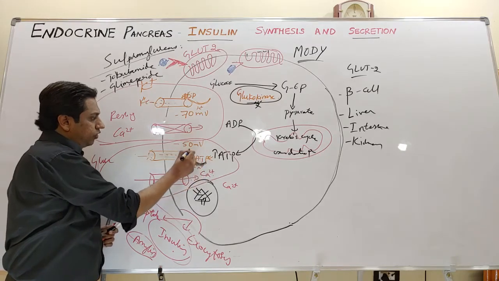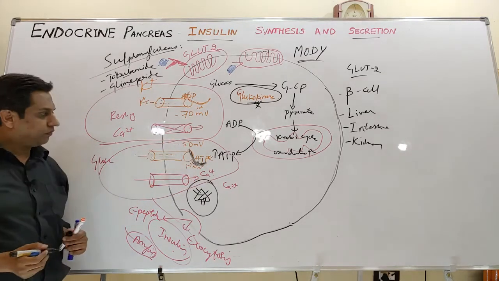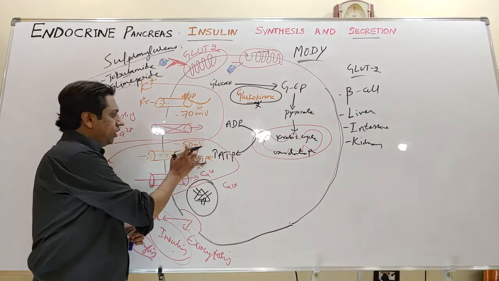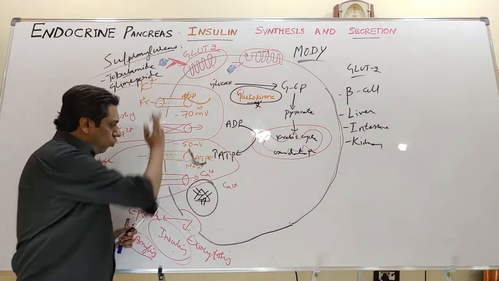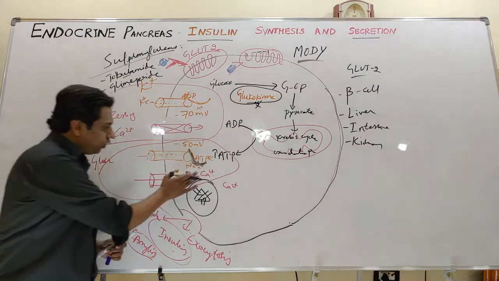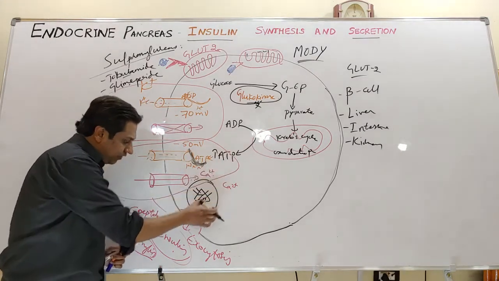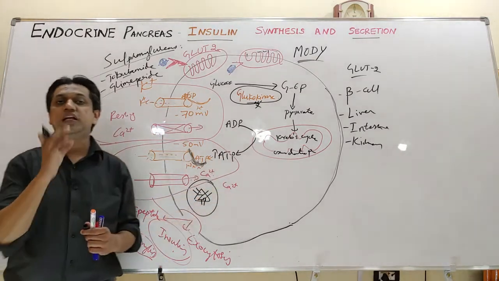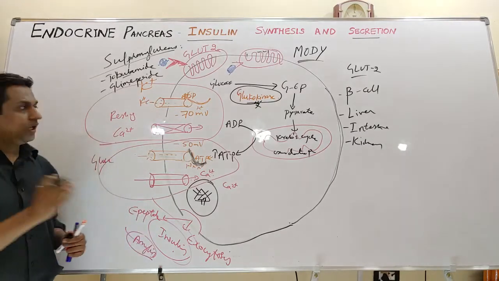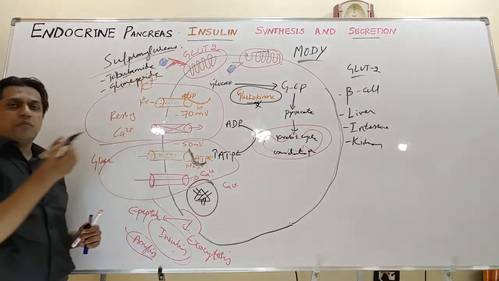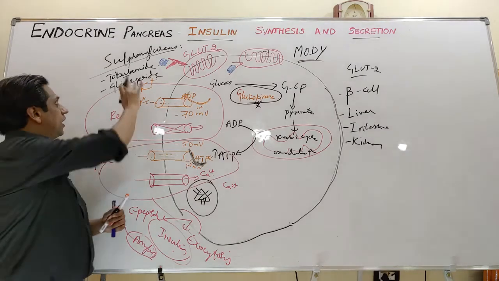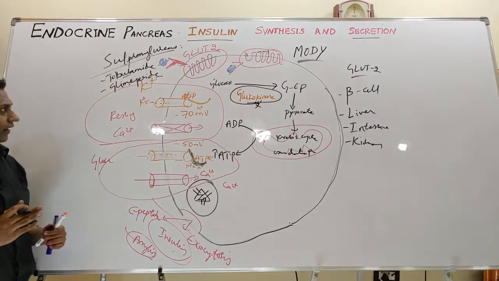Because of this closure of the ATP sensitive potassium channels, there is a change in the voltage of the cell membrane, and the voltage sensitive calcium channels which were closed earlier will get opened, and these calcium ions cause the insulin to be released into the blood circulation. Okay, so this is how common drugs like glimepiride, glipizide, the sulfonylureas, will act.